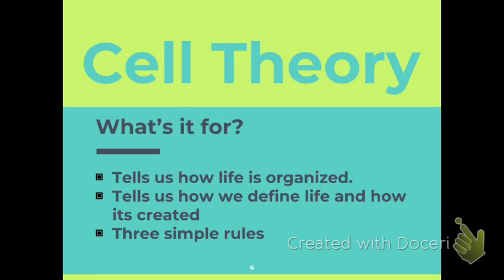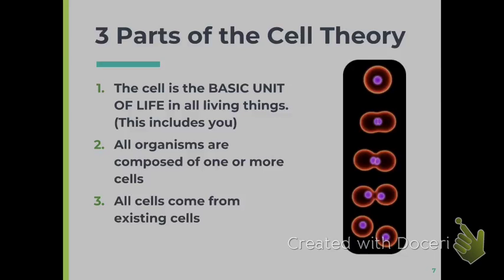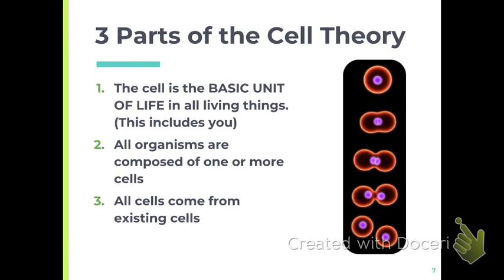As these discoveries came in by Hooke and Leeuwenhoek and other scientists, they came up with what's called the cell theory. Cell theory is made up of three basic rules. The cell is the basic unit of life in all living things. All organisms are composed of one or more cells, and all cells come from existing cells. You can't make a cell out of nothing.